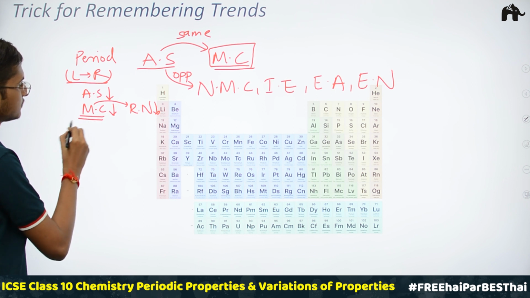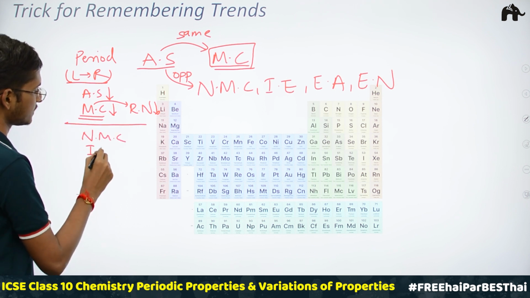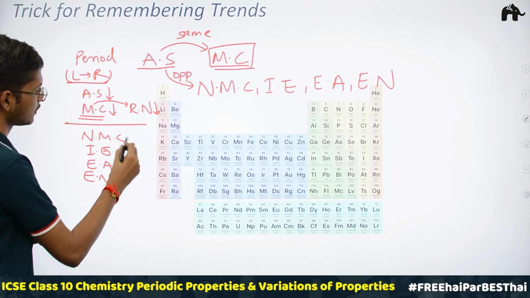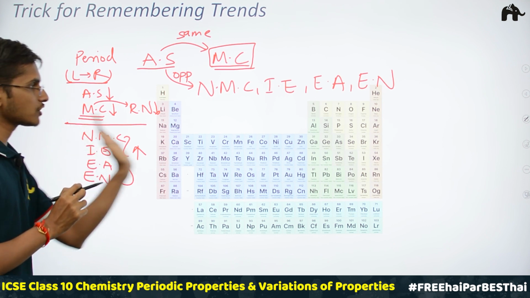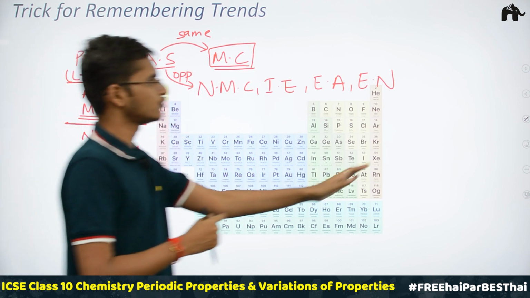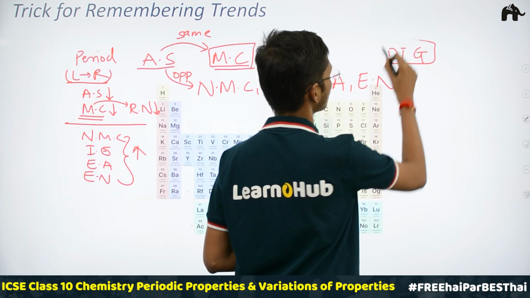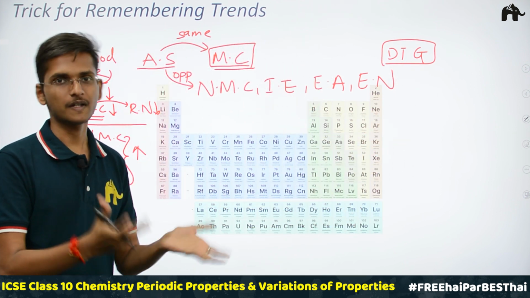Now, non-metallic character, ionization energy, electron affinity, and electronegativity all increase as we move across the period from left to right. The same concept you would apply down the group and find out. It would be very easy for you now to remember the trends.